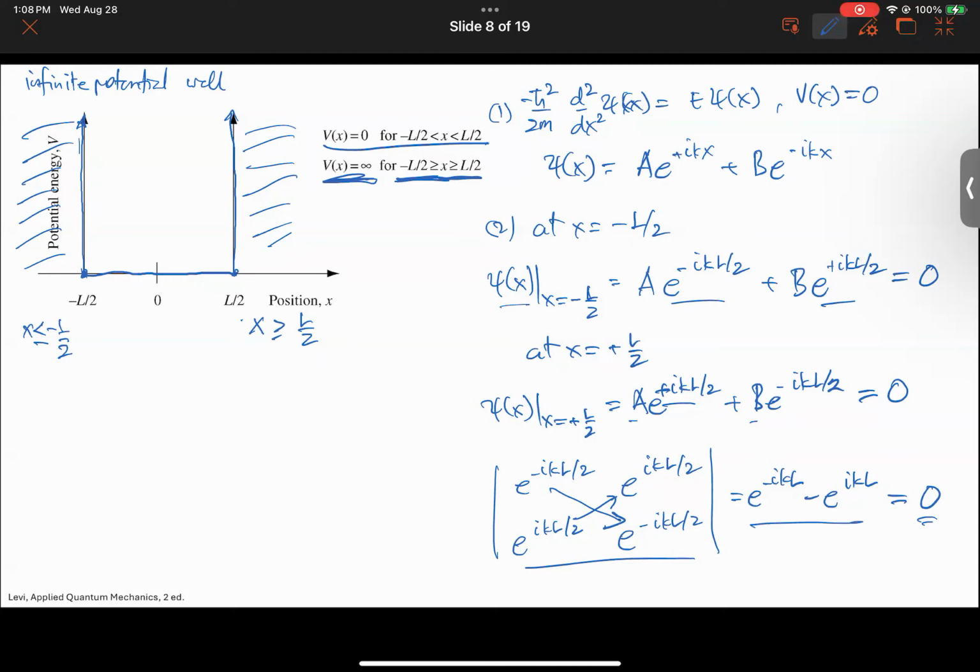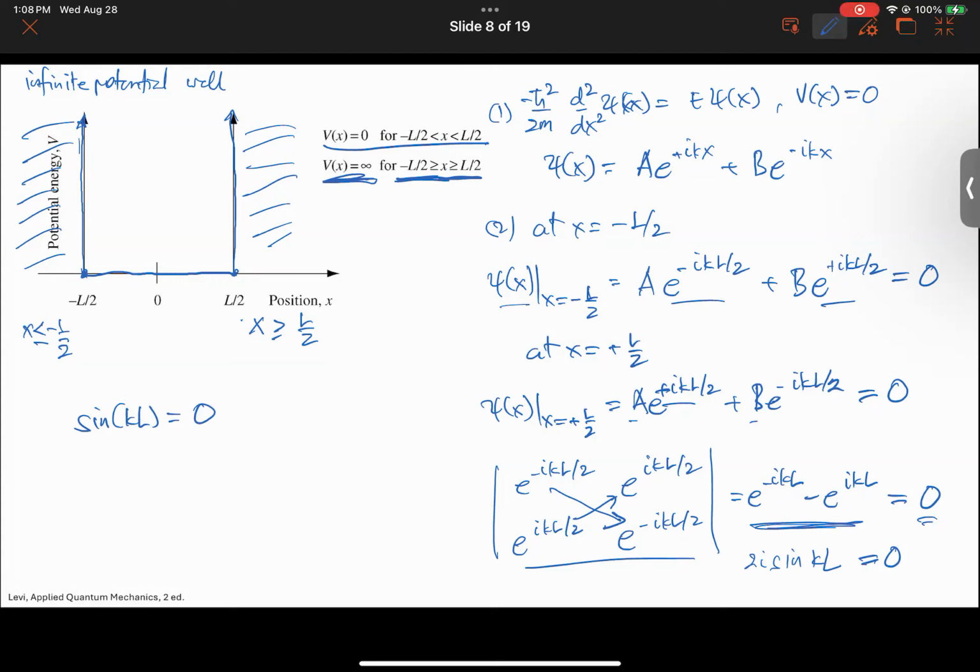Now, what is this difference? This is actually equal to 2i sine kL. So 2i sine kL should be equal to 0, or in other words, sine kL should be equal to 0.